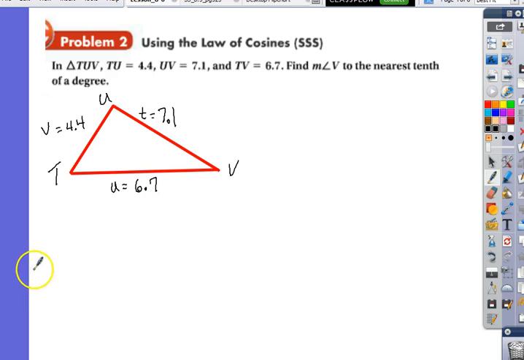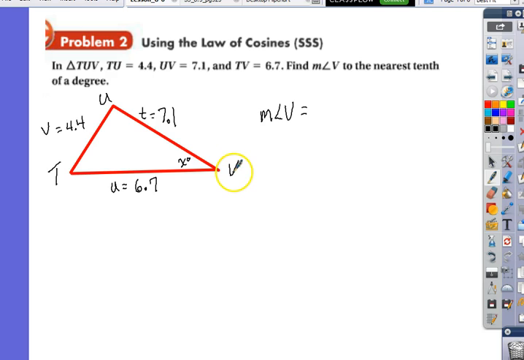6.7. All right. So I'm looking for angle V, so I'll call this X. Angle V, if I'm using the formula on the board, is going to equal, what's the side I put first?